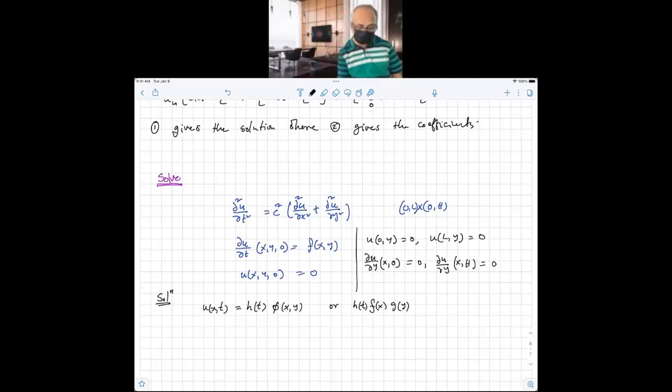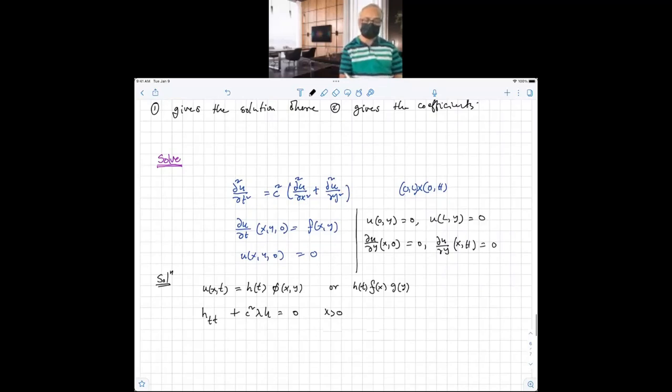So we'll first end up with an equation, plus on this side, c square lambda h equals 0, and lambda positive.